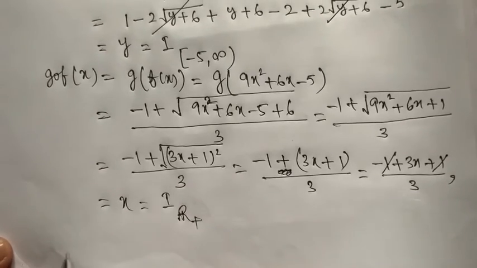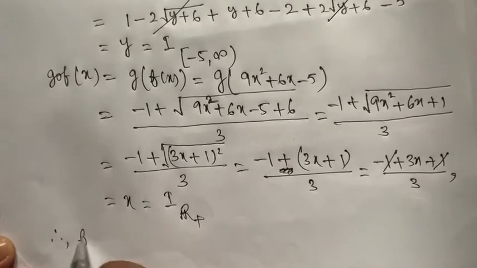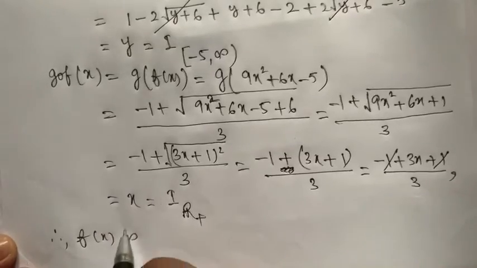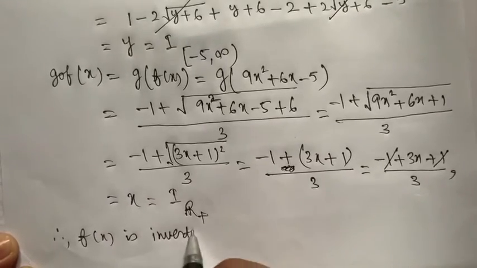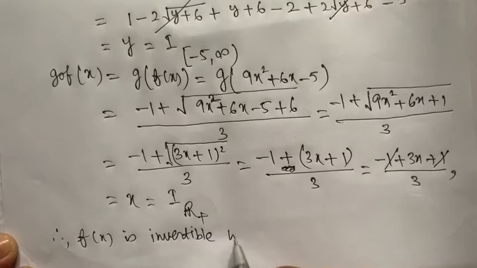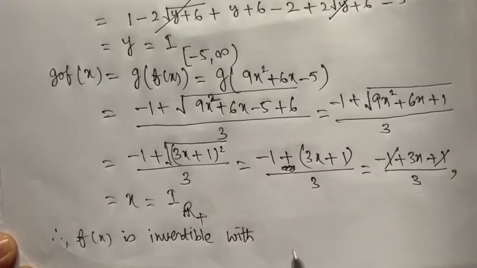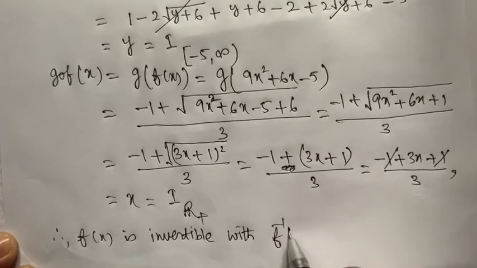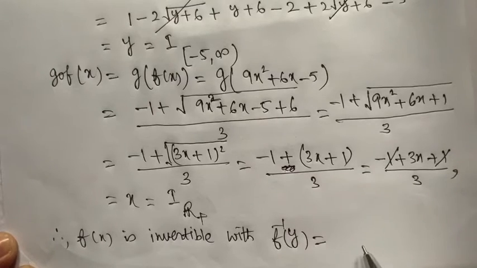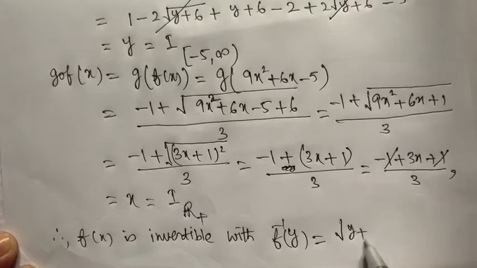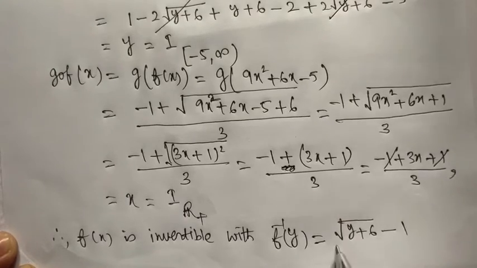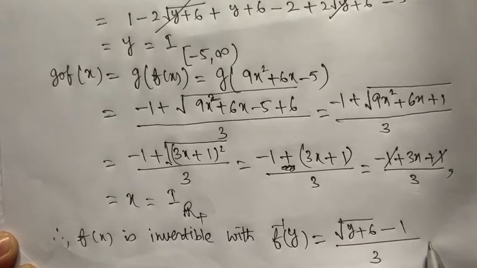We can directly write it like, therefore fx is invertible with f inverse of y equal to gy, which is root under of y plus 6 minus 1 upon 3. That's it.